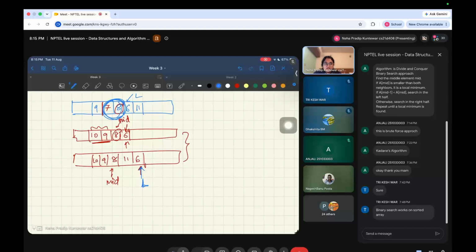So this condition is satisfied. So no matter what the case is, you can always look at the minimum among the neighborhood and shift to that half. So that's the same idea.